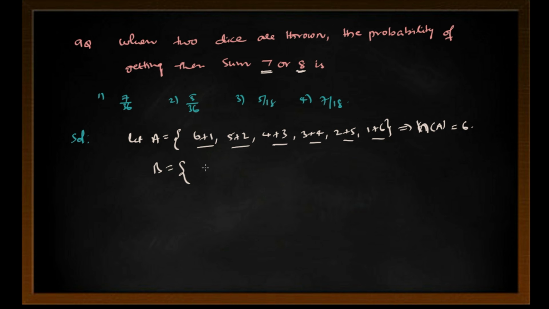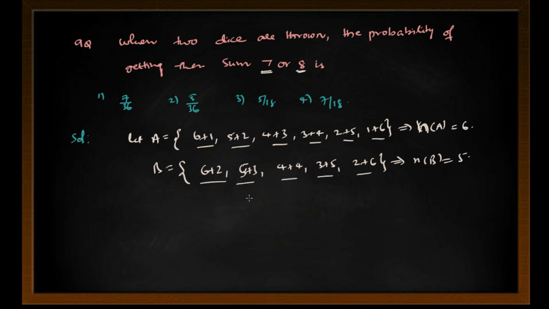To get 8: 6 plus 2, 5 plus 3, 4 plus 4, 3 plus 5, and 2 plus 6. So 1, 2, 3, 4, 5, so n of B equals 5.